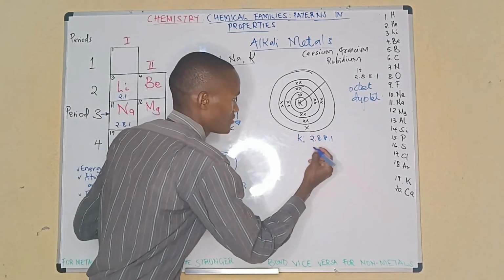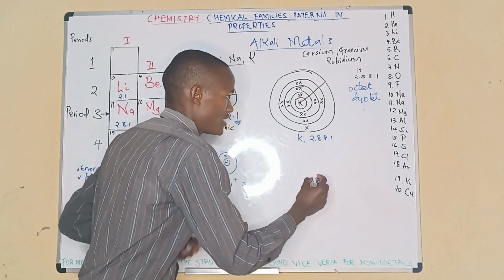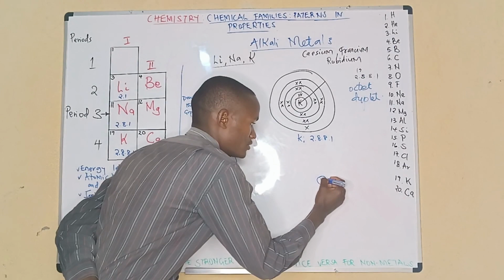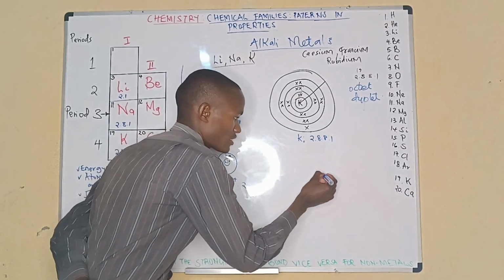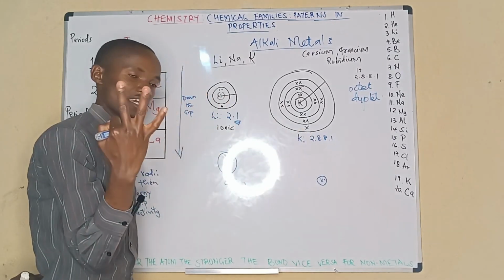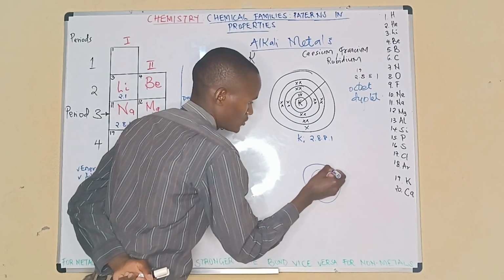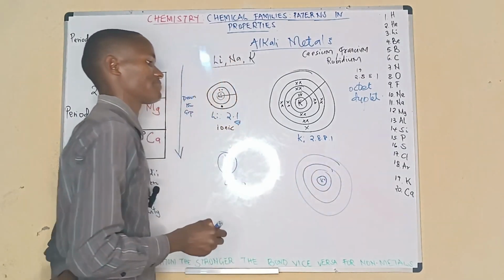The same case for potassium, loses 1. This will be the ion now, potassium ion, lost 1. So the configuration is 2, 8, 8. It means 3 energy levels: 1, 2, 3.